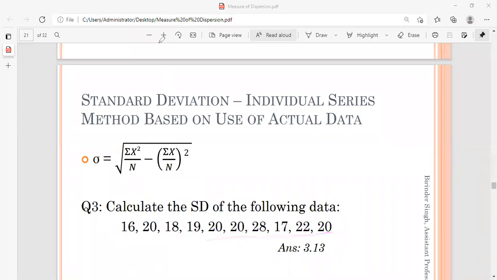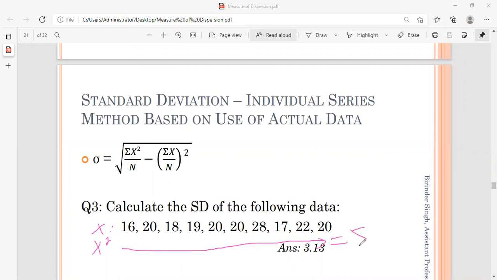So in fact, okay, let me clarify here, just 1 minute. These are the X values, and what you need here is sigma X square. You compute the square of all these points and add them.